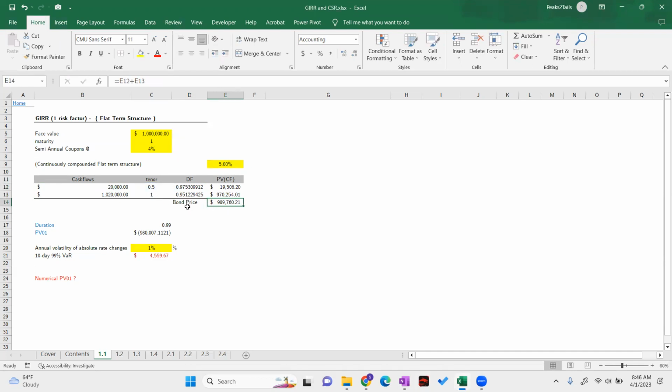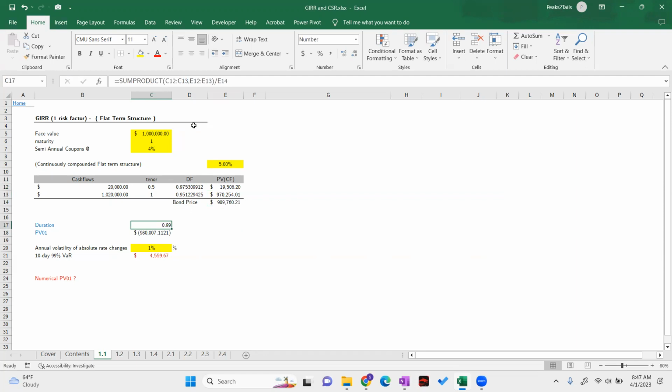Now, from here, how do we calculate duration? Duration by the standard definition would be you weight these times. Duration means average waiting time to receive all the cash flows. This is the cash flow you received after 6 months. This is the cash flow you received after 1 year. So on an average, when did you receive all the cash flows? Simple, 0.5 times this plus 1 times this divided by total cash flow.